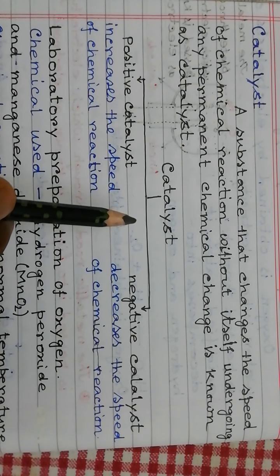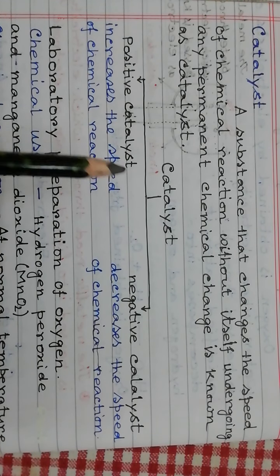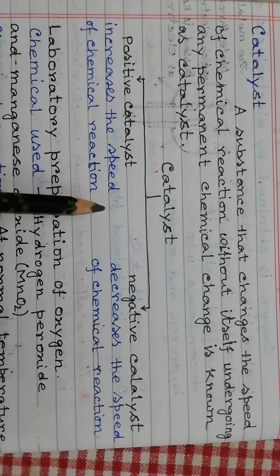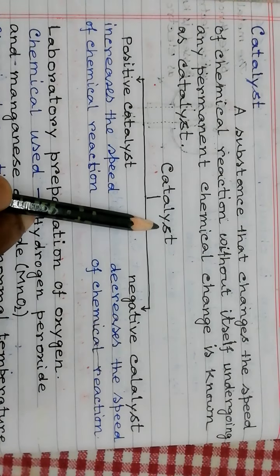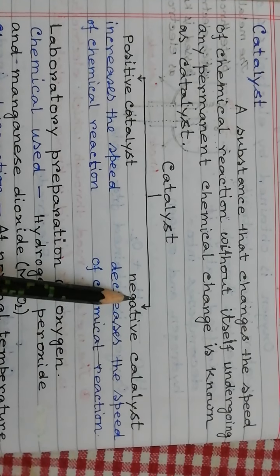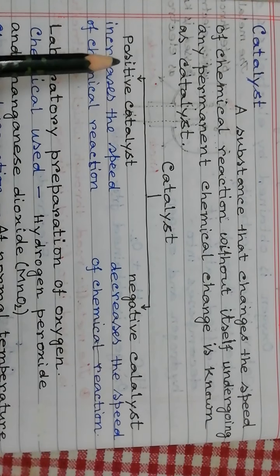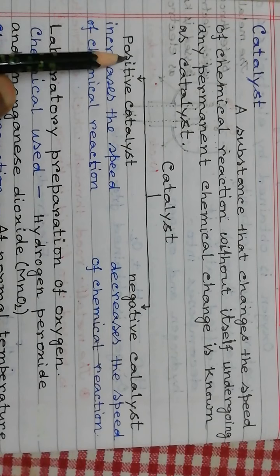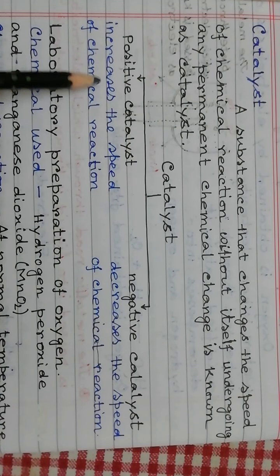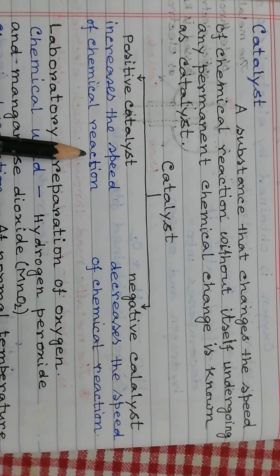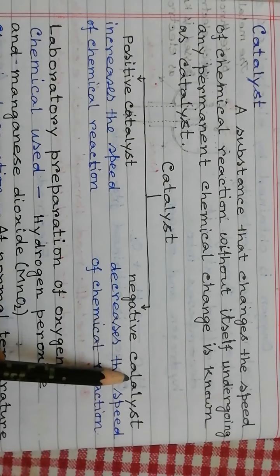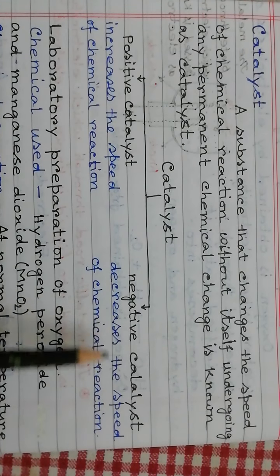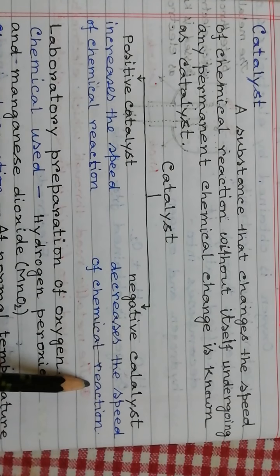After the chemical reaction, manganese dioxide remains as it is. Now there are two types of catalyst. One is the positive catalyst and the other is the negative catalyst. A positive catalyst increases the speed of the chemical reaction. A negative catalyst decreases the speed of chemical reaction.